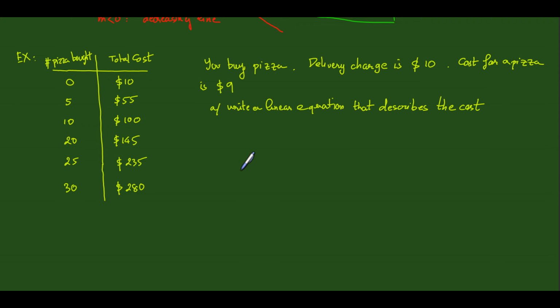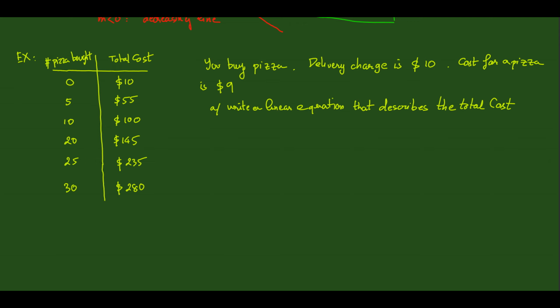Alright, so we need to write the equation that describes the total cost. So let me be more specific here. So this is the total cost. Alright, so how will we do this?